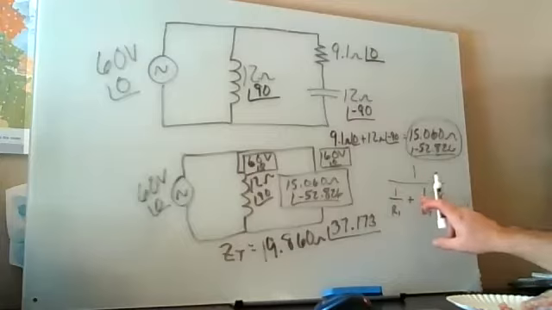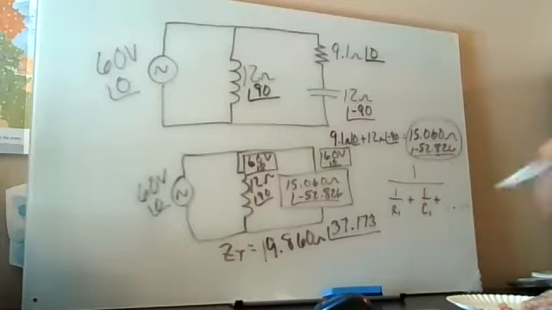Once I get that answer, I'm still 1 over that answer. I got to shift reciprocal one more time. Just like we did in DC, we did the same thing. It was shift reciprocal plus whatever, shift reciprocal plus whatever, shift reciprocal, equals, shift reciprocal. And that was our answer.